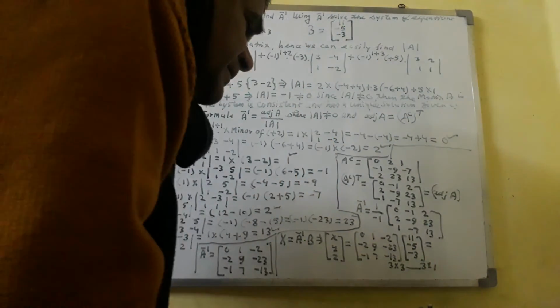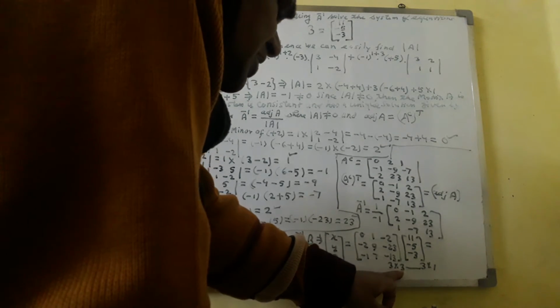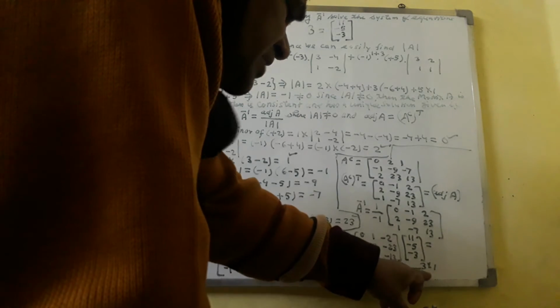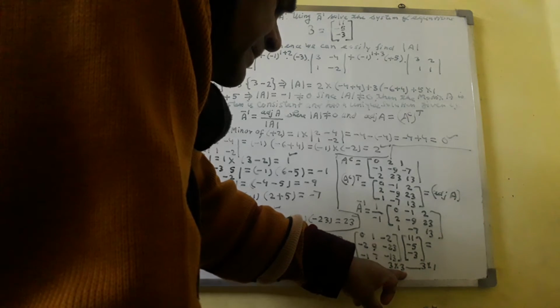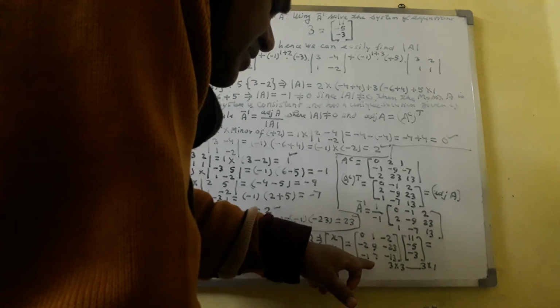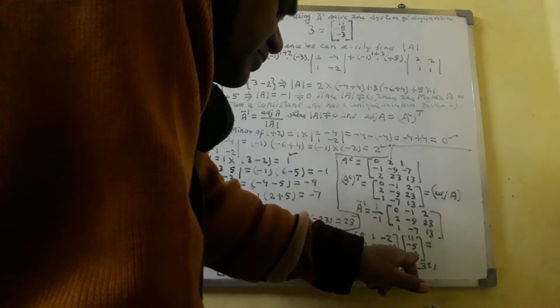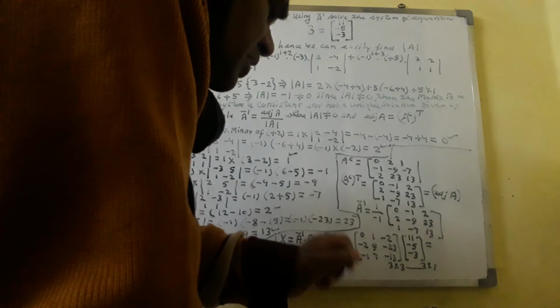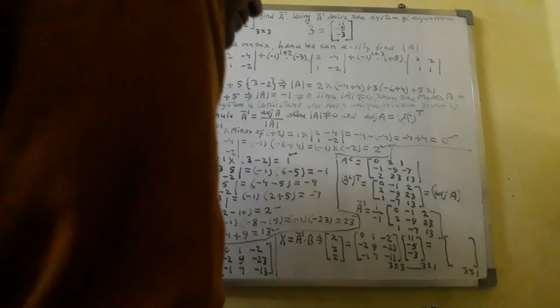So this 3 and this 3 will be clubbed together. On multiplication of the A inverse matrix with matrix B, we will get a new matrix. The new matrix will be of order 3 cross 1. What will the result be? Just look at it.